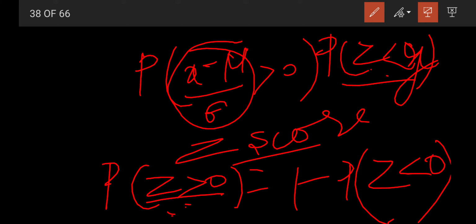This is the answer, and you can find the z score easily. The value of x is 0, mu is 0, sigma is 3, so the value of z is 0, right? And the probability of z less than 0 is 0.5, which is known. So 1 minus 0.5 is 0.5, correct?